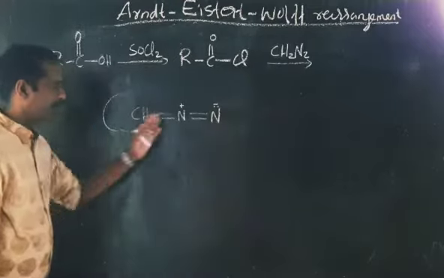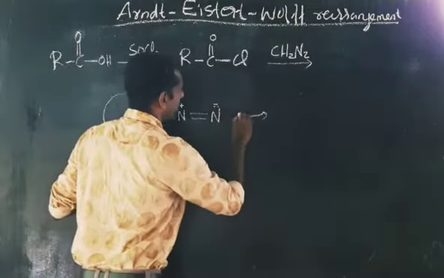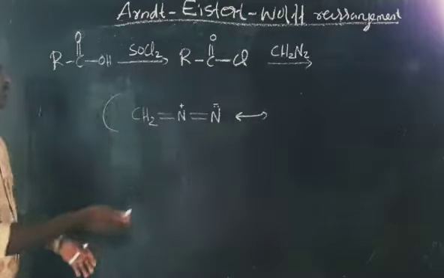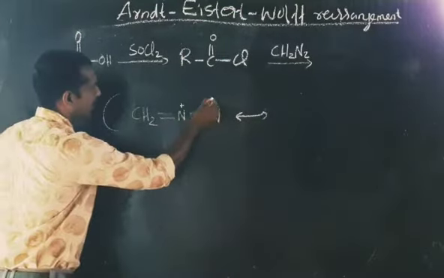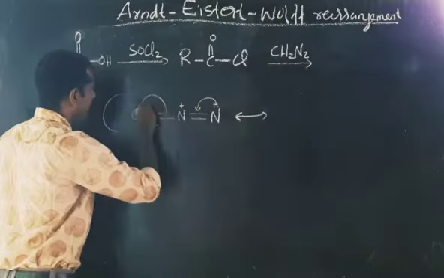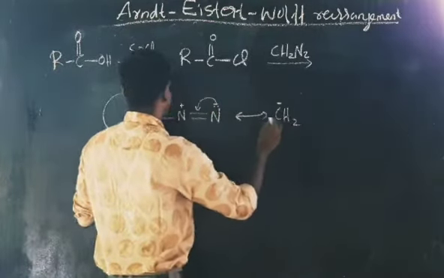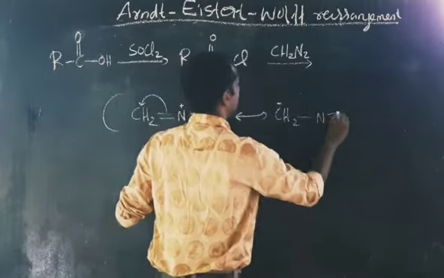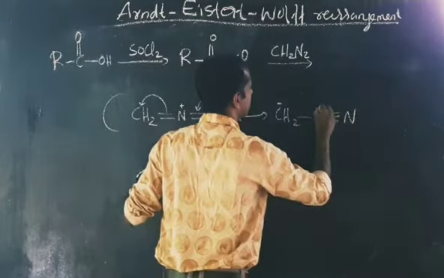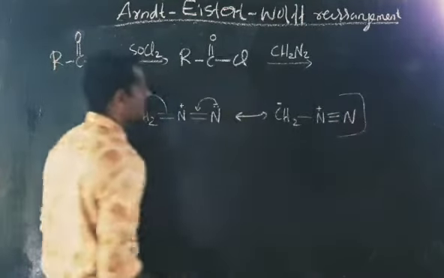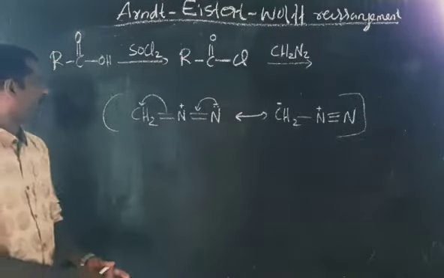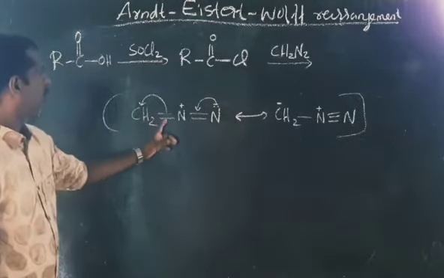This is one structure, or it resonates like this. The charge can shift, giving CH2 minus, N triple bond N with a positive charge. This is the resonating structure of diazomethane.